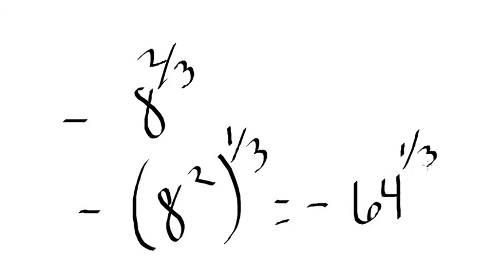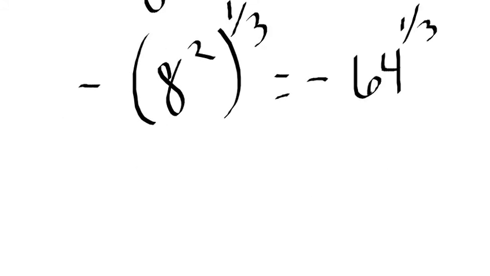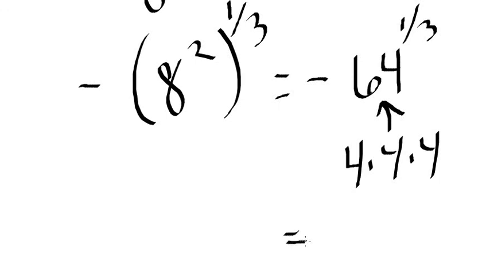You've got to think of a number that when you multiply together 3 times, you get 64. Well, that's 4 times 4 times 4. 4 times 4 times 4 is 64. So this just becomes negative 4. See that? That's another way of looking at it.